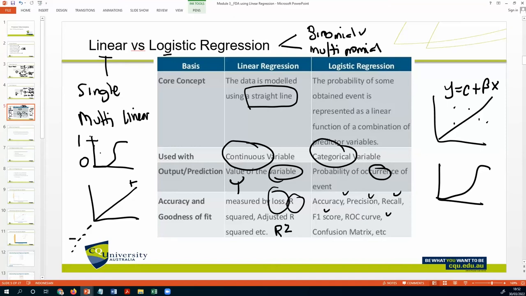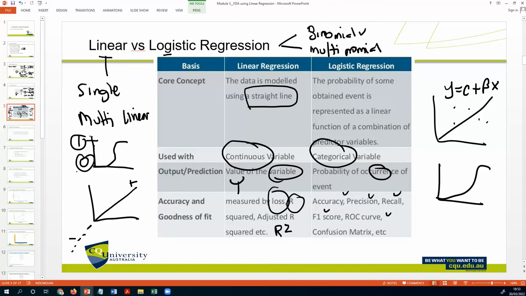But in logistic, the result will be 1 or 0. That is the difference. A straight line can go down unlimited, but in logistic, it is capped at 1 and capped at 0. Okay, any other question?